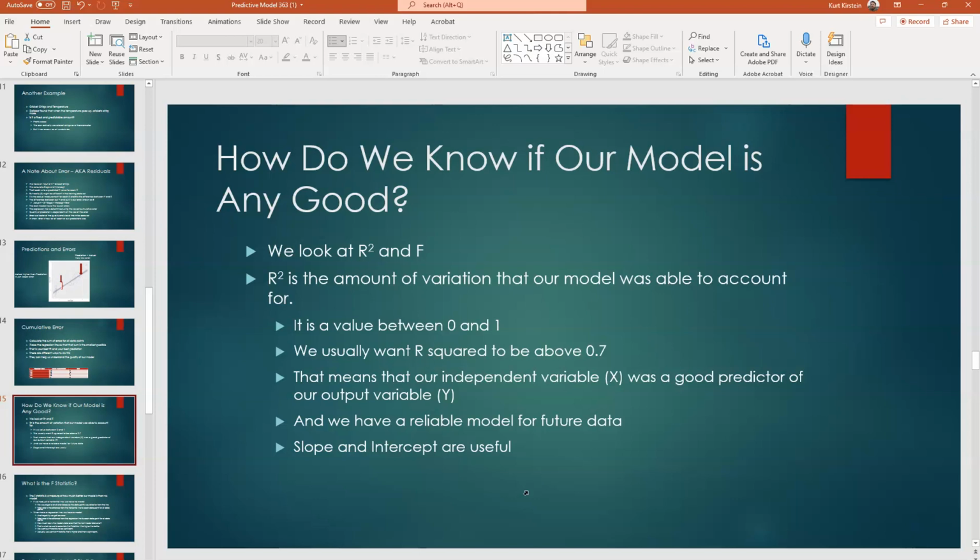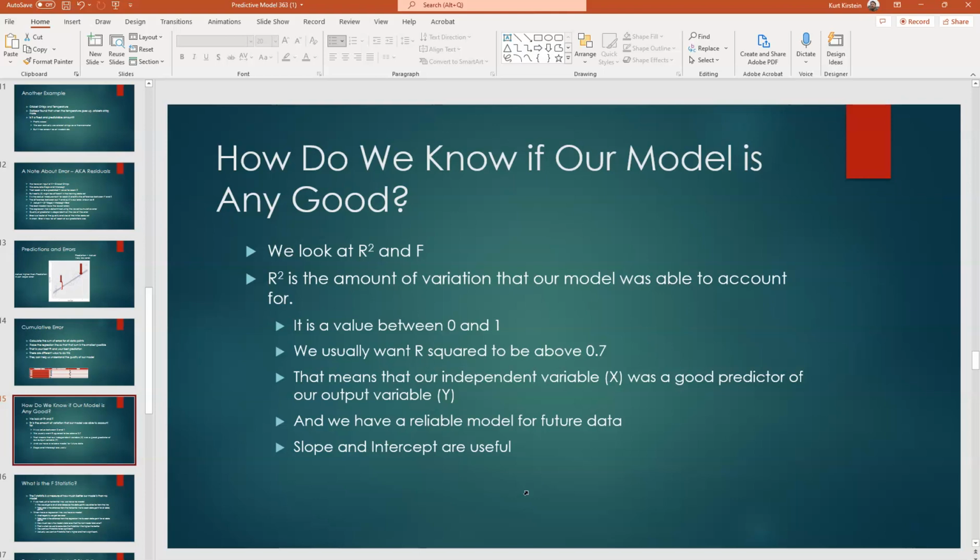R squared tells us how much of the variability we are able to account for in our model. So if our model is really good, our R squared is going to be very high, and R squared is a correlation coefficient, so it's going to run anywhere from 0 to 1.